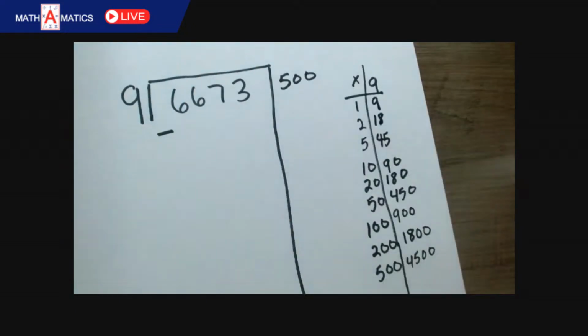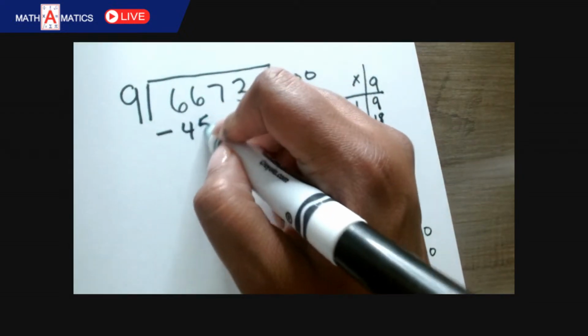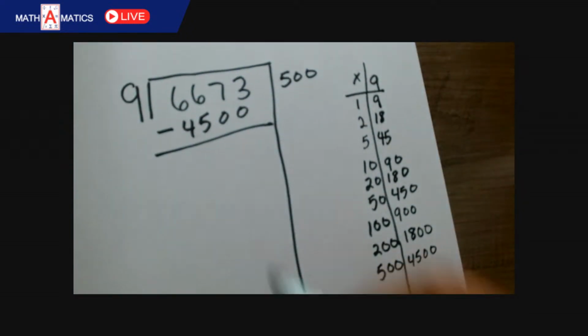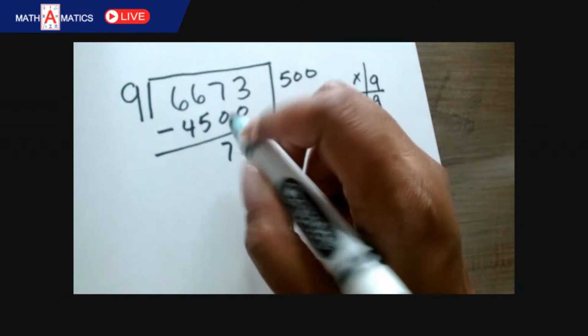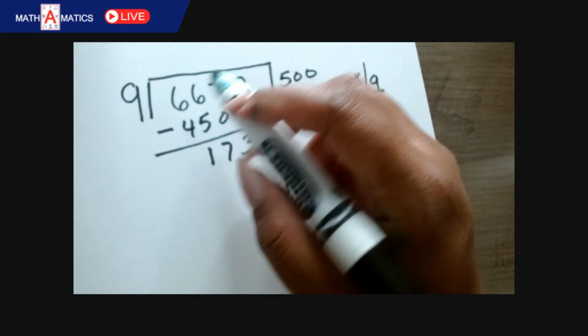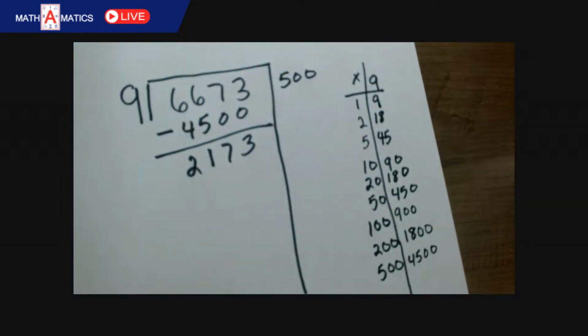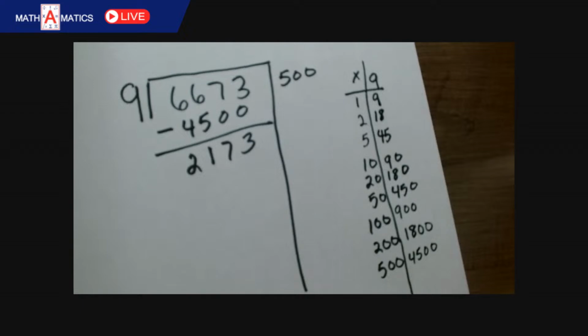And we're going to subtract it by 4,500. Alrighty, so that will be 3, 7, 1, and 2. All right, so we have 2,173. So I'm going to go back to this chi chart, 1,800.